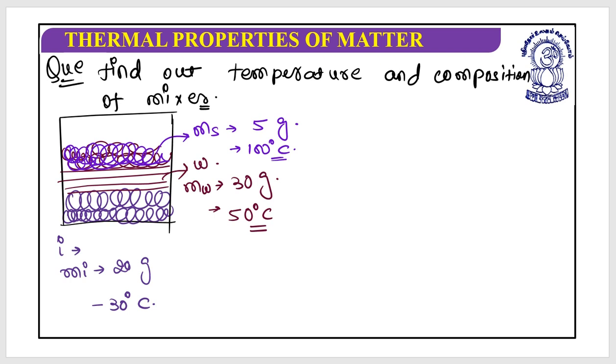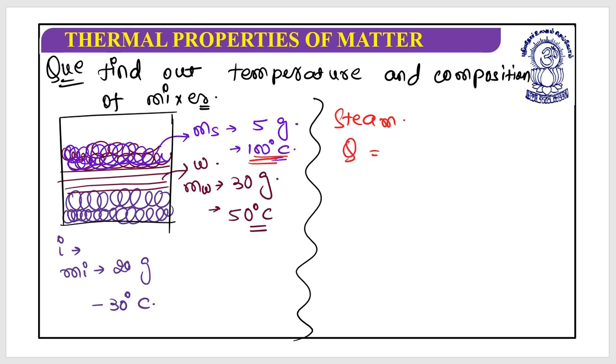How will I do this? Again, as per our strategy, convert everything to 0 degree Celsius water. Let's first begin with the steam. The steam is already at 100 degrees Celsius, and it is ready to convert. So what it will provide is Q equals ml. This will convert my steam at 100 degrees Celsius to water at 100 degrees Celsius.